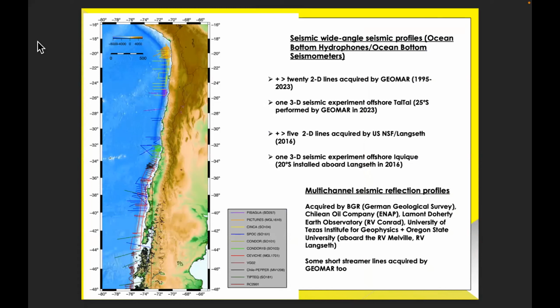Hello. Good afternoon or good morning, it depends on where you are. Yes, during my PhD, I processed 4 of the 6 seismic lines that were acquired by research vessel Conrad for the National Oil Company of Chile. Yeah, so this is a well-known system that was used by Conrad in 1988.